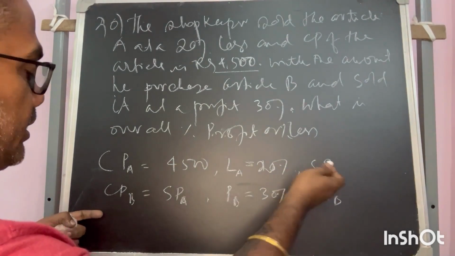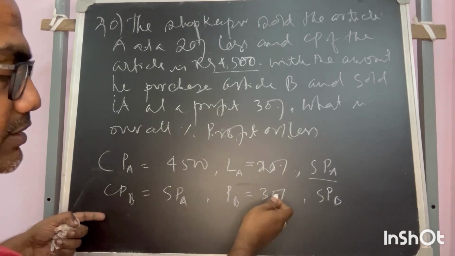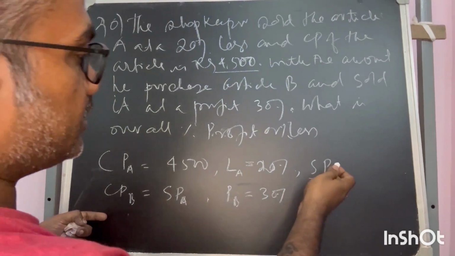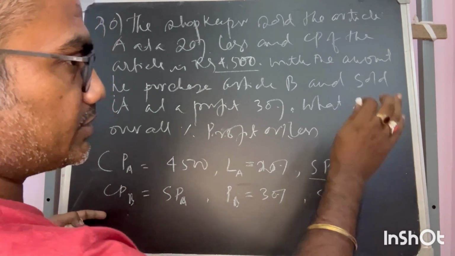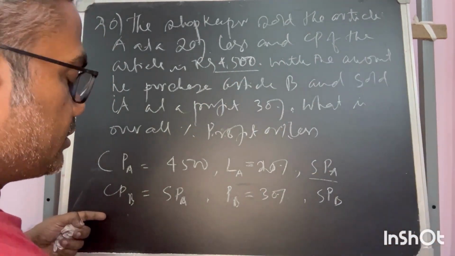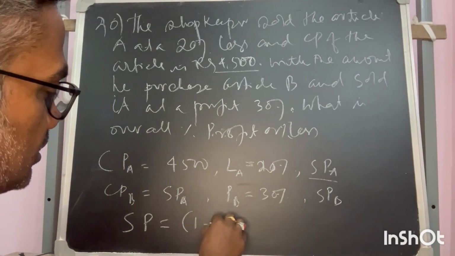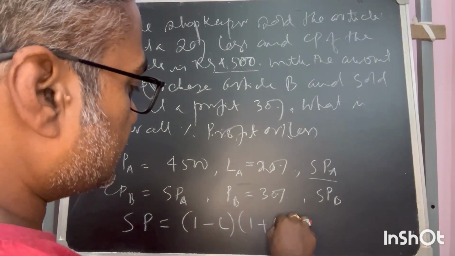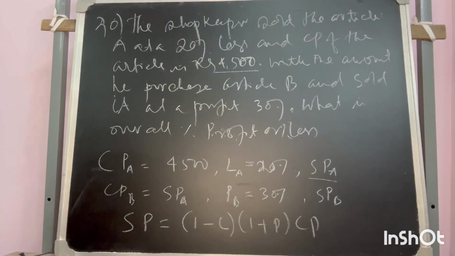Instead of getting another item and selling it at 30%, we can say that if at first it has been sold at a loss, then the same thing is sold at a profit, that will be consecutive. So in that case the ultimate selling price and the cost price are related as: the first is loss and the second is profit on the cost price. This is the simplest relation.